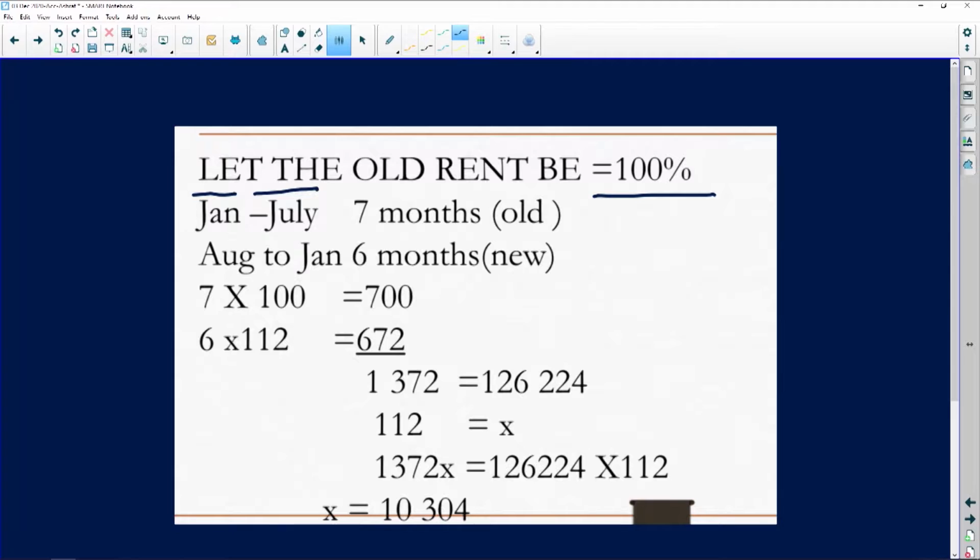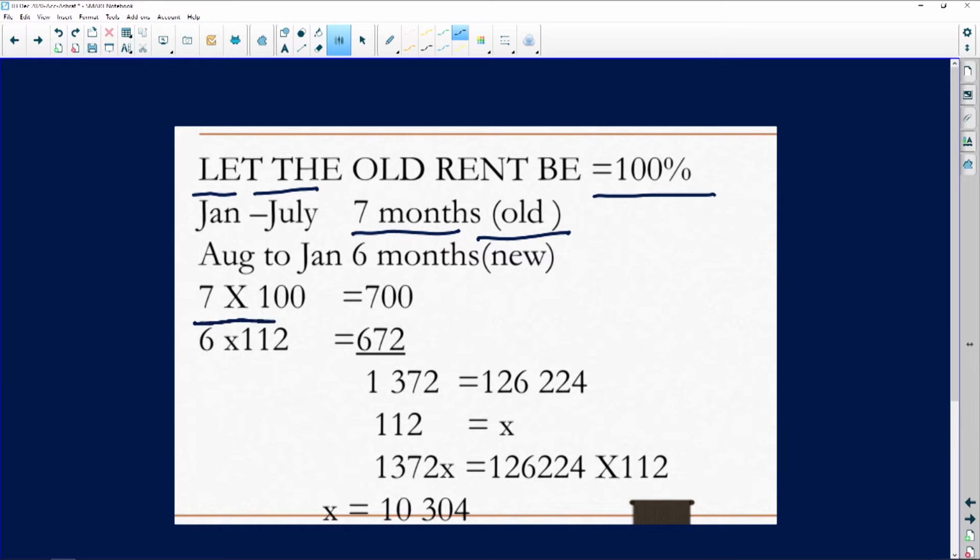If you count the number of months, you'll find that you have 7 months, and those months were your old rental. In other words, that is when your rental was on 100%. Got it? So you say 7 times 100, which will give you 700. That's step number 1.